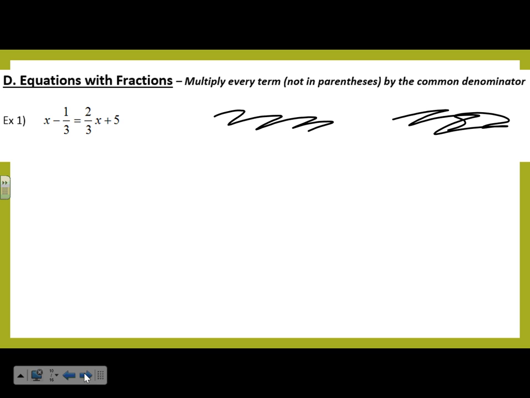So it says multiply every term not in parentheses by the common denominator. So remember, the common denominator would be when we had problems like 3 over 5 plus 8 over 6. We had to find a common denominator. The other thing is called the common multiple. Multiples of 5 are 5 times 1, 5 times 2, 5 times 3, 5 times 4, and so on and so forth.